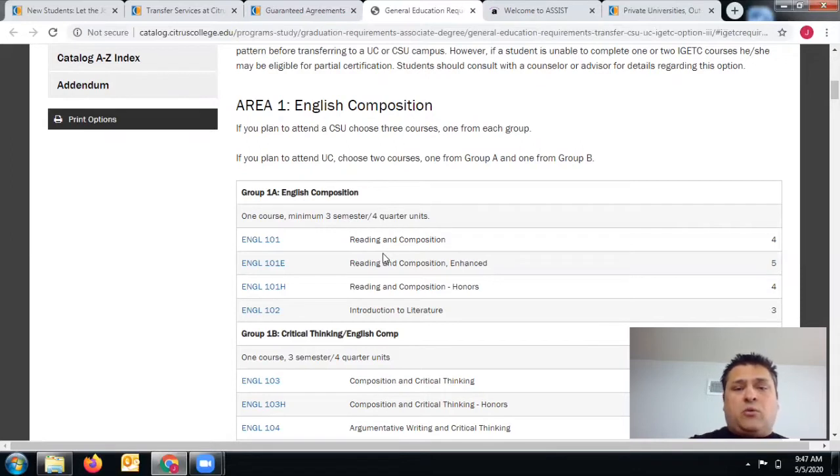So if you take a look, we're looking at English options here. You have Group A, and you have 4 courses listed, but you only need 1 course out of those 4 to meet IGETC. Okay? So you can take English 101 or you can take English 101H. You don't have to take both. You're taking one or the other. And if you pass that class, you've met that first requirement, 1A for IGETC.